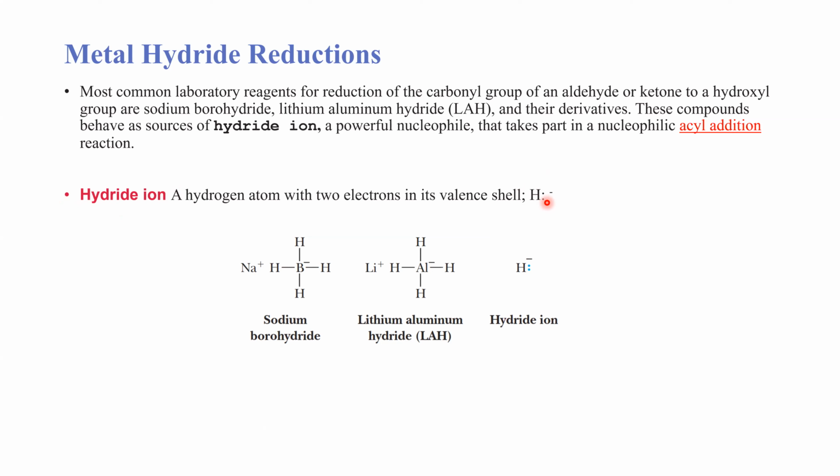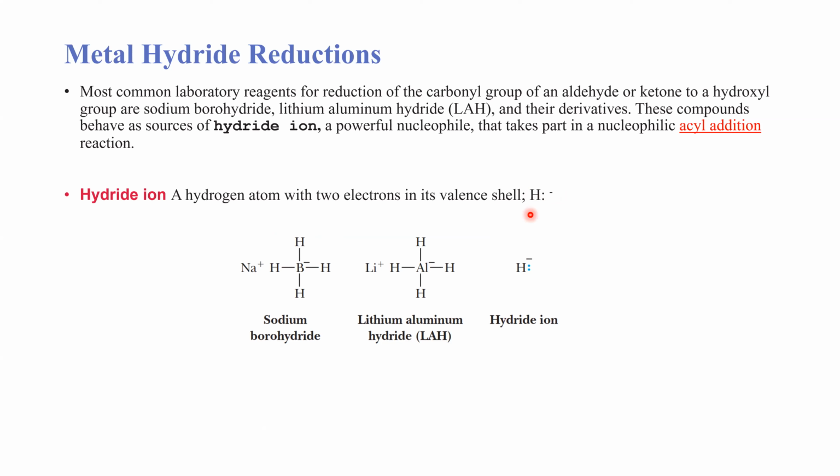When it gets one more electron, definitely it is gaining an electron from some other source, and it gets the negative charge. A hydrogen atom with two electrons in its valence shell is called a hydride ion.